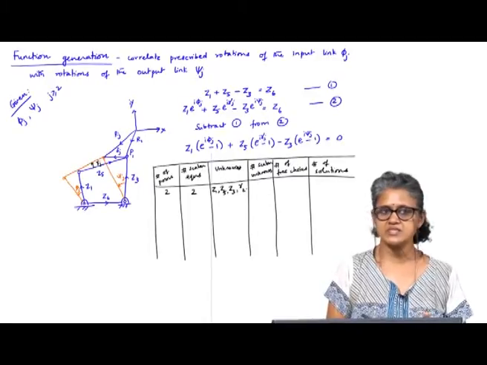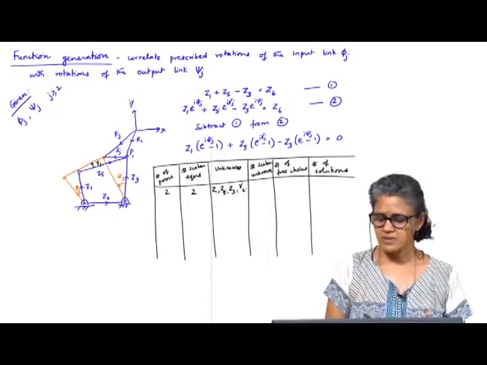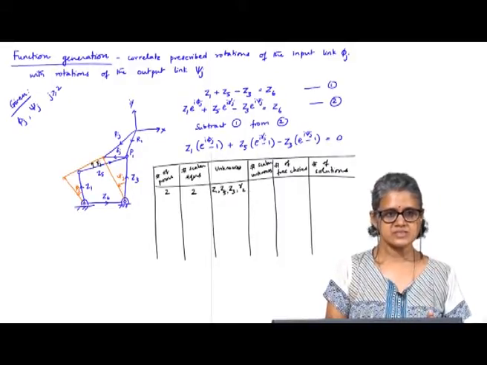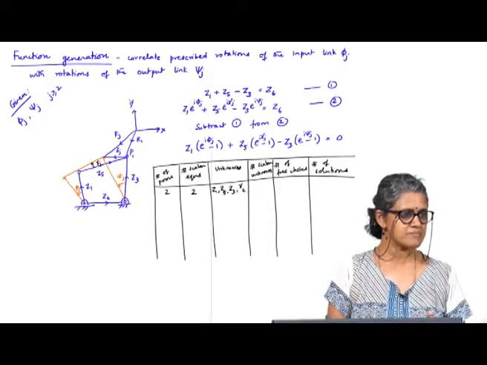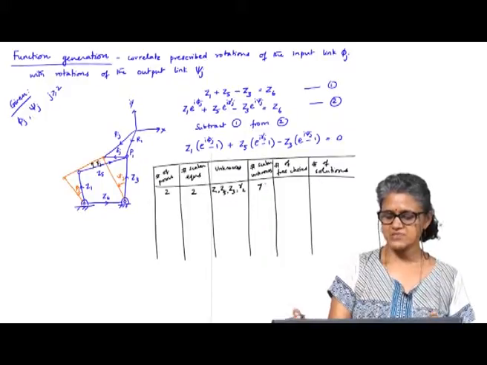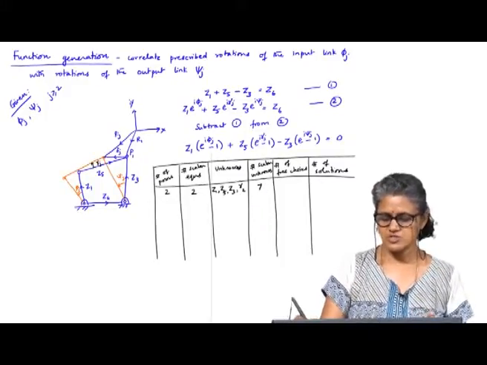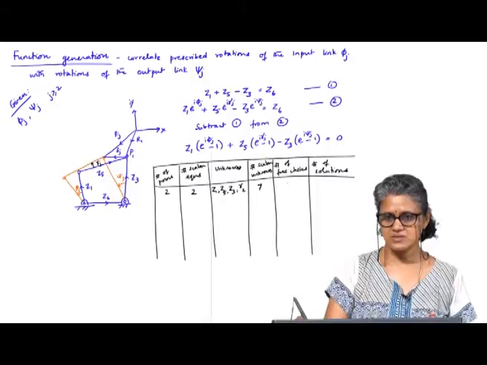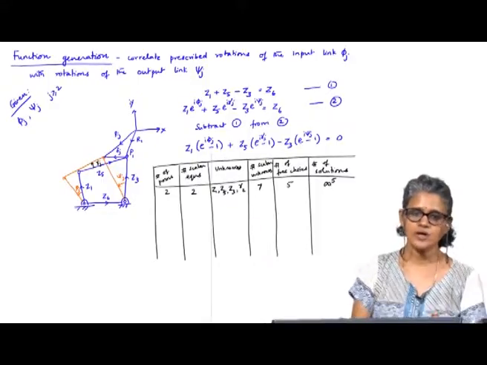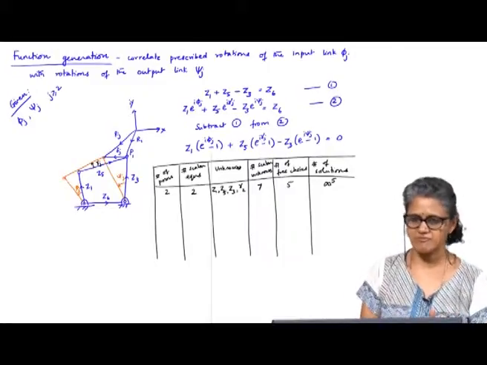That is the relationship I am designing for. So the number of scalar unknowns is 2, 4, 6 plus 1, 7. All the z's are vectors. So I have 7 scalar unknowns. So my number of free choices is 5. So I have order of infinity to the power 5.